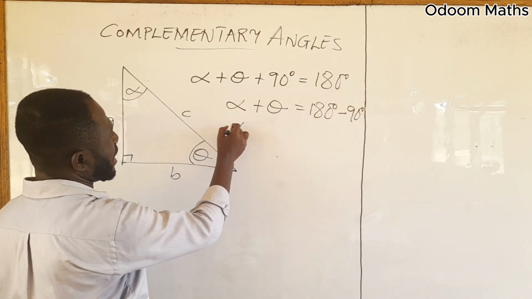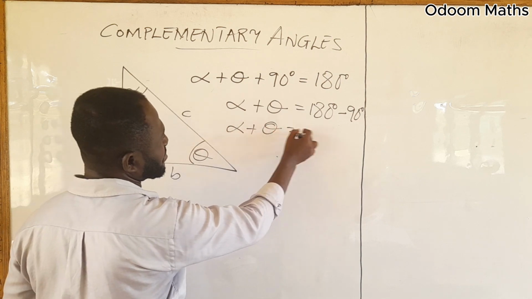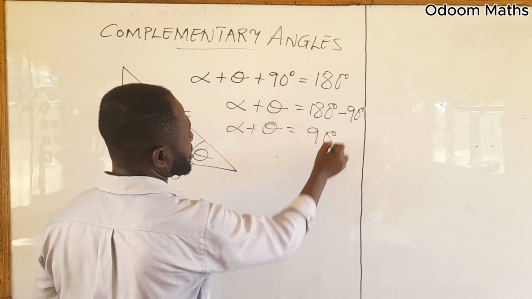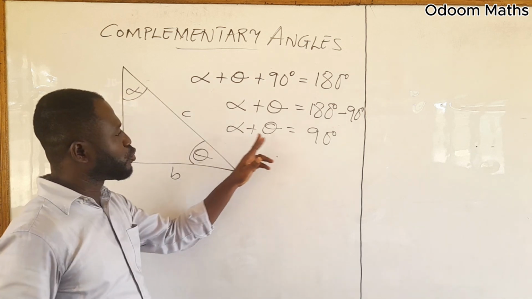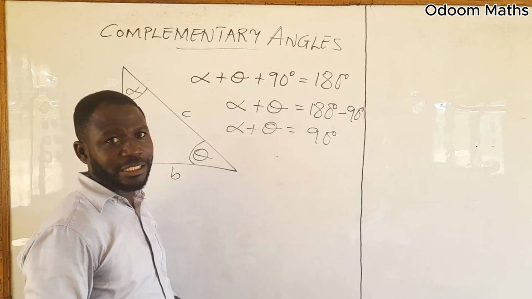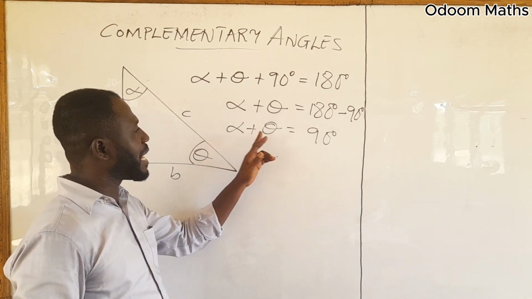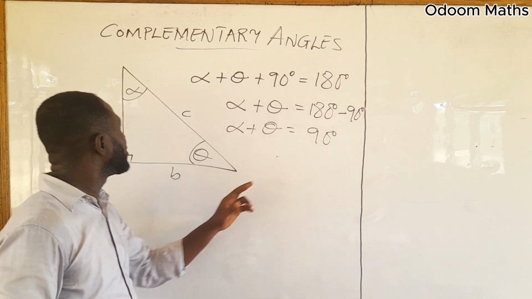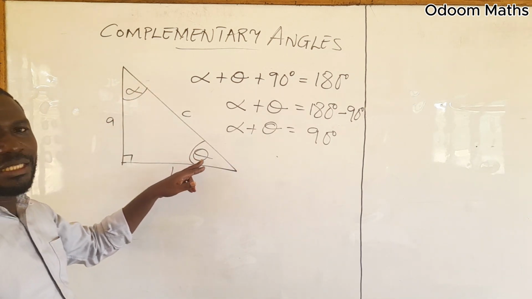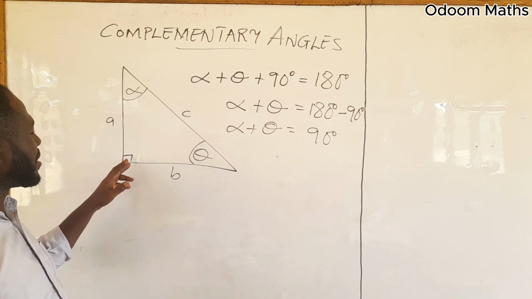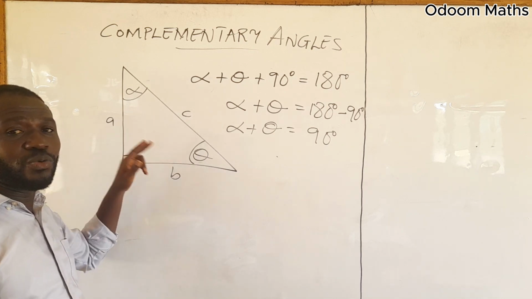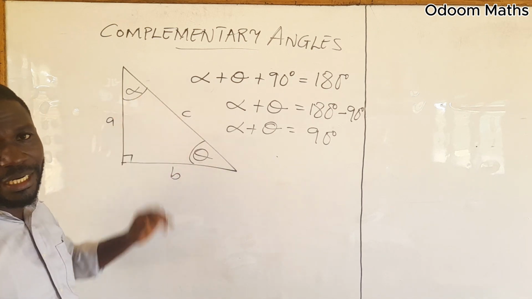Then alpha plus theta becomes 90. So the two angles are complementary angles. When we add the two, we should get 90. So when we add this 90 to the 90, we get the whole 180 degrees.